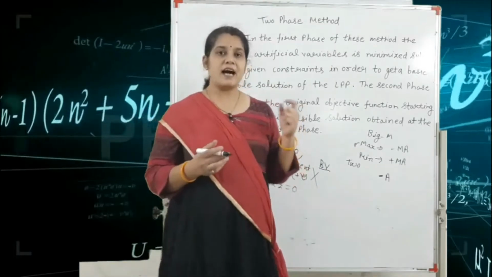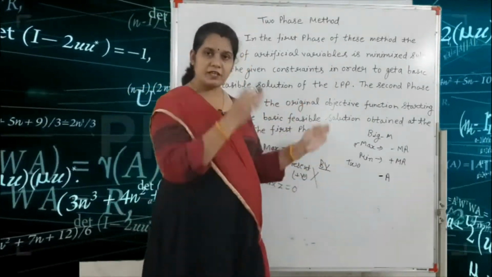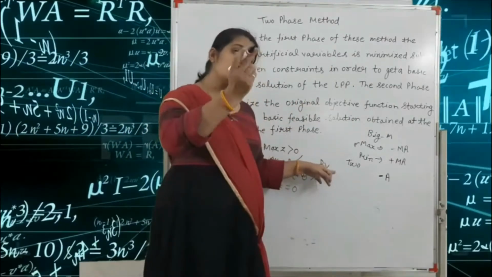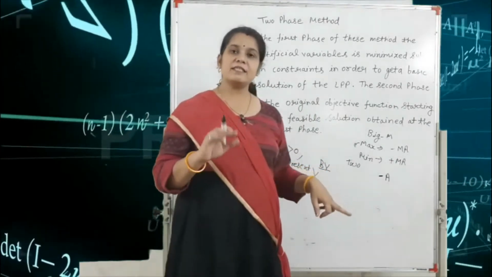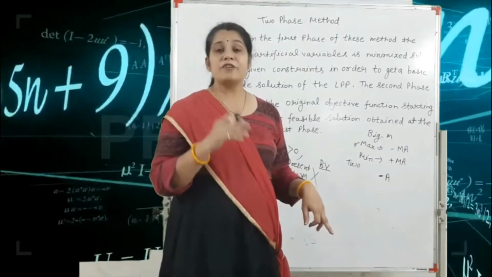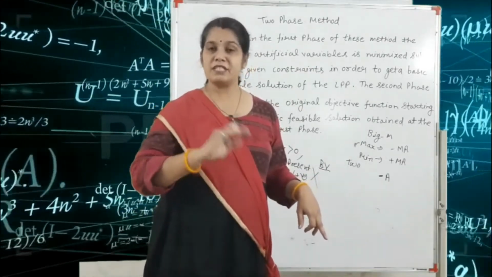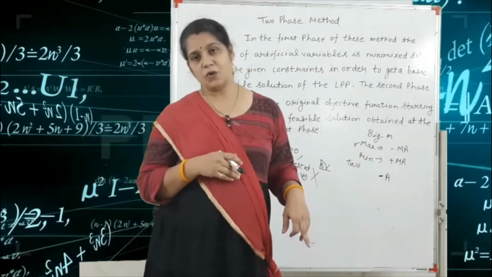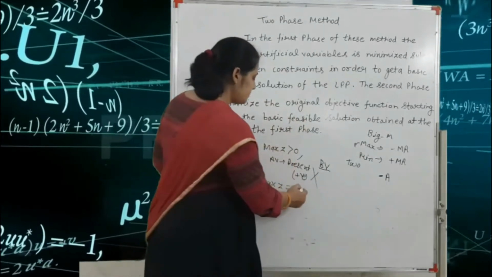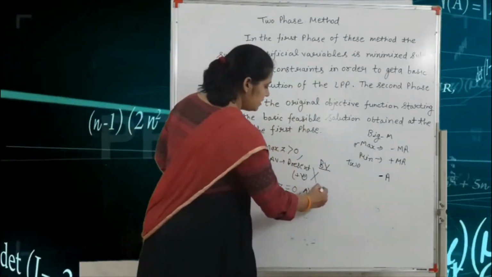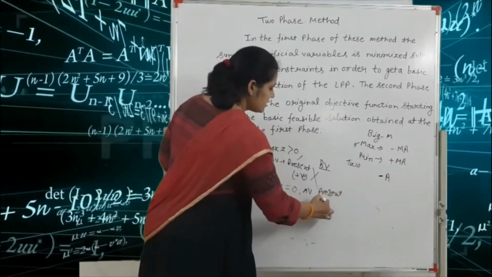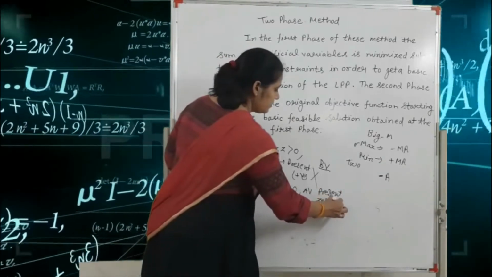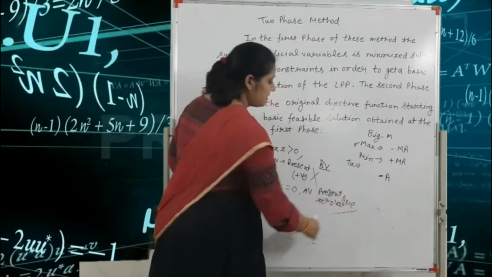That means the artificial variable is present in the BV column, but here in the solution constant column, the value of the artificial variable is equal to 0. So we move to phase 2. That means we move immediately to phase 2. Okay, so we find phase 2.